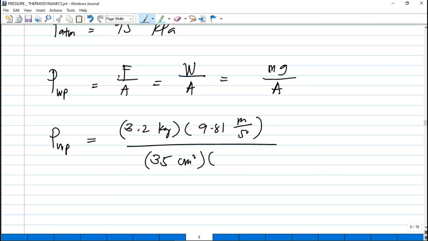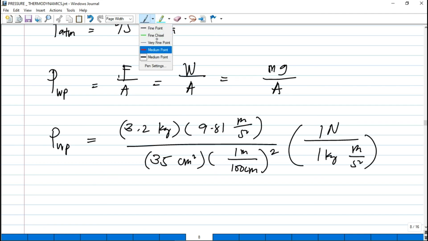Okay, so we have here 1 meter per 100 cm. So this is squared. Then we have here 1 newton per 1 kilogram meter per second squared. Okay, so this will cancel out here. Kilograms meter per second squared will cancel. Cm squared will cancel. Remaining unit natin is newton per square meter.